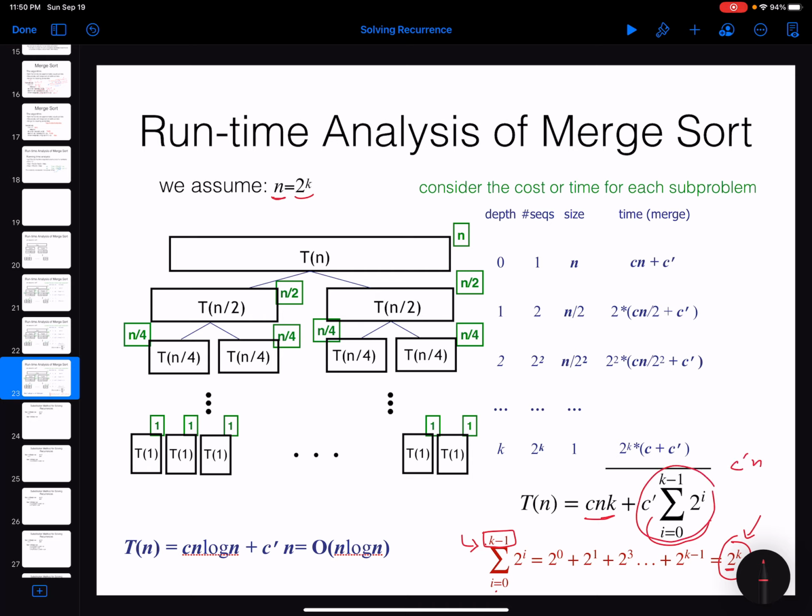Using the recurrence tree, or you can use the substitution approach. Both of them should give you the same solution. If you got two different solutions using the substitution or recurrence tree, definitely one of them is going to be wrong.